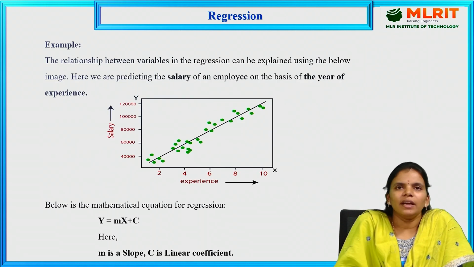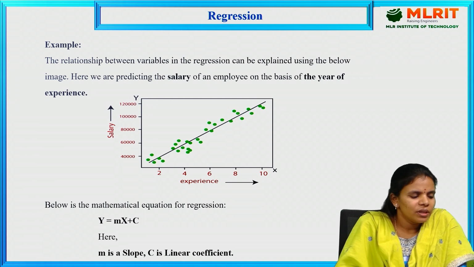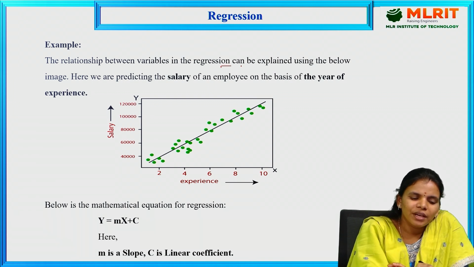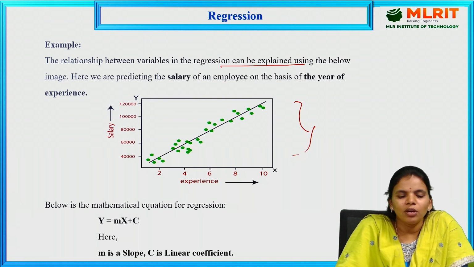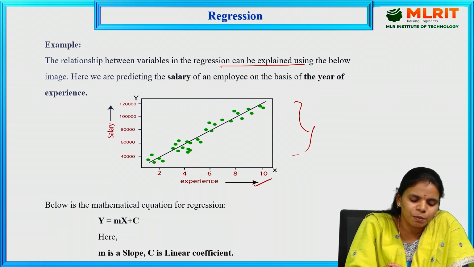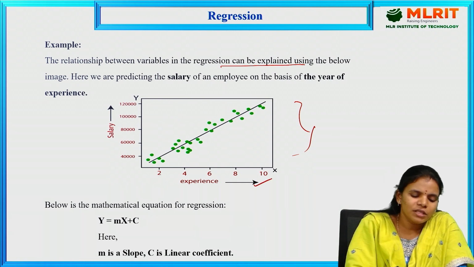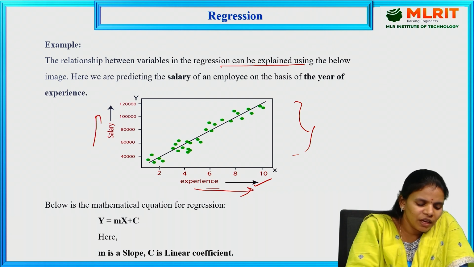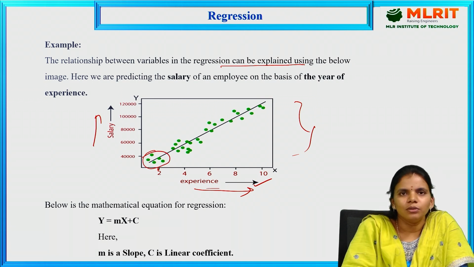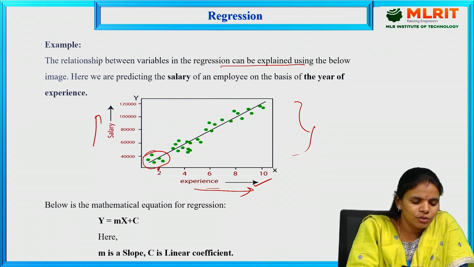So let's discuss with an example. The relationship between variables in regression can be explained using this diagram. Here we are predicting the salary of an employee on the basis of the years of experience. This is experience and this is salary. If a person has 2 years of experience, he is getting around 40,000. When the person has 4 years of experience, it is nearby 50,000.